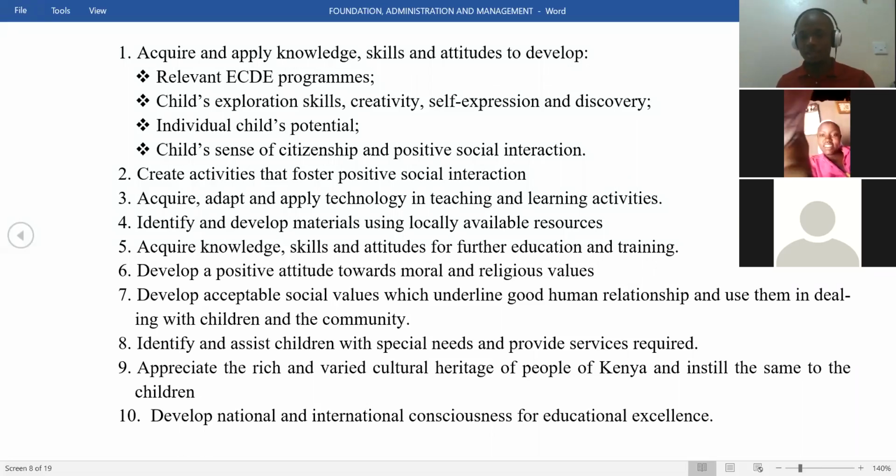Some of the relevant E.C.D.E programs when children are in school, number 1 is the feeding program. During break time or lunch, they must take some snacks, or when they are going on trips, they carry some food. This is very relevant because when you do not feed children, they will not get energy to learn.